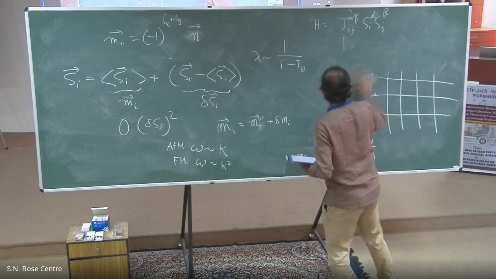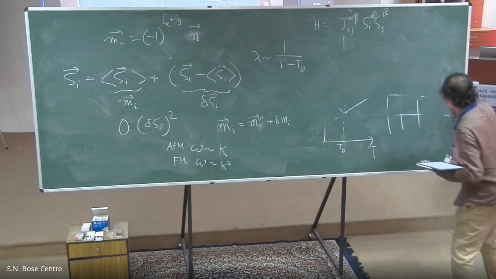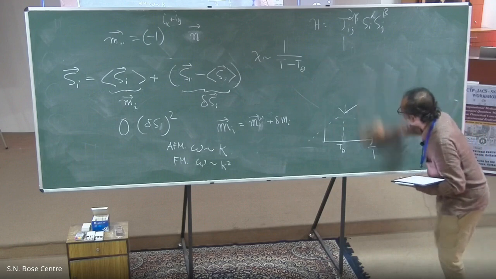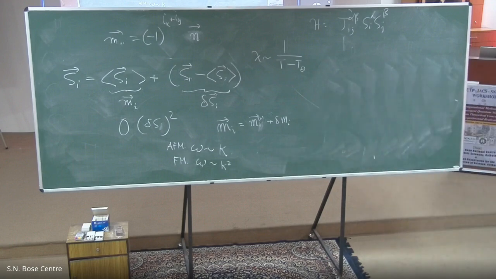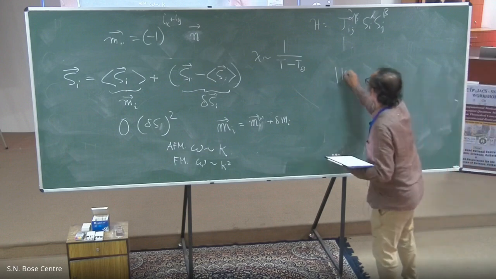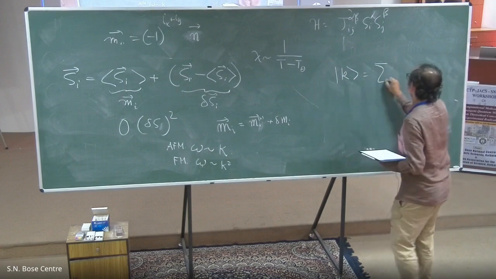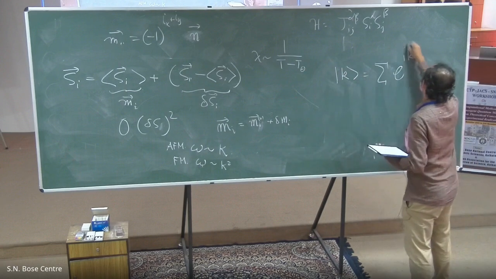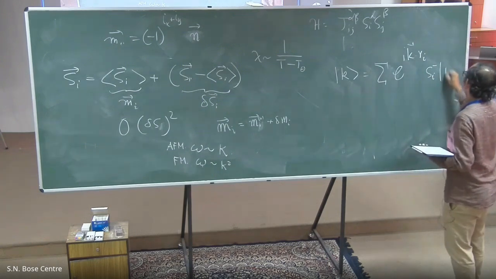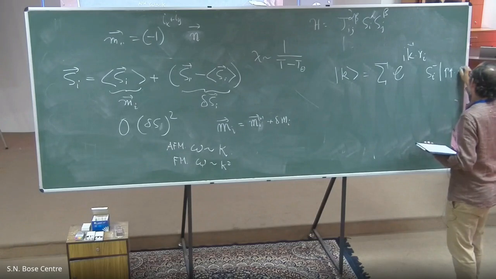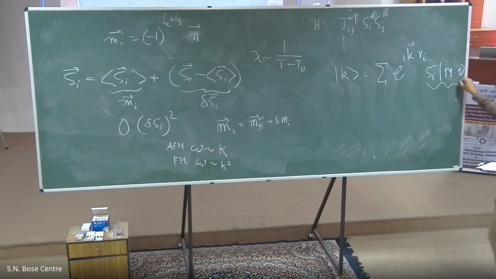They're Bloch waves. Let me write it for a ferromagnetic spin wave. All spins up, and this is like the ith spin taken down.